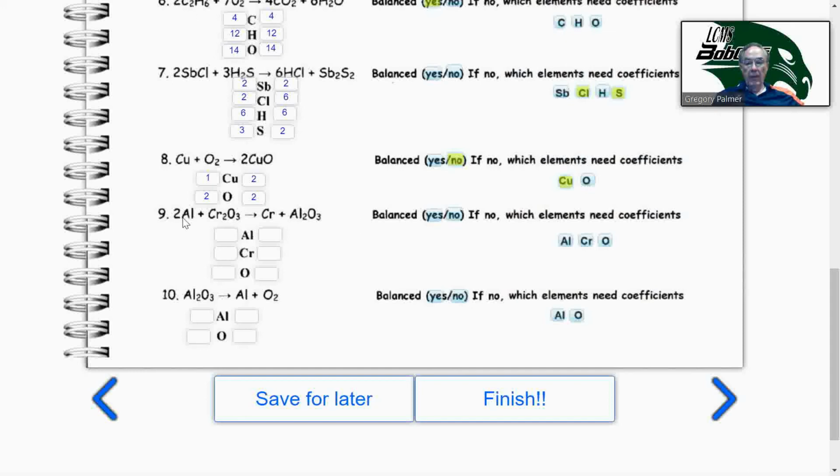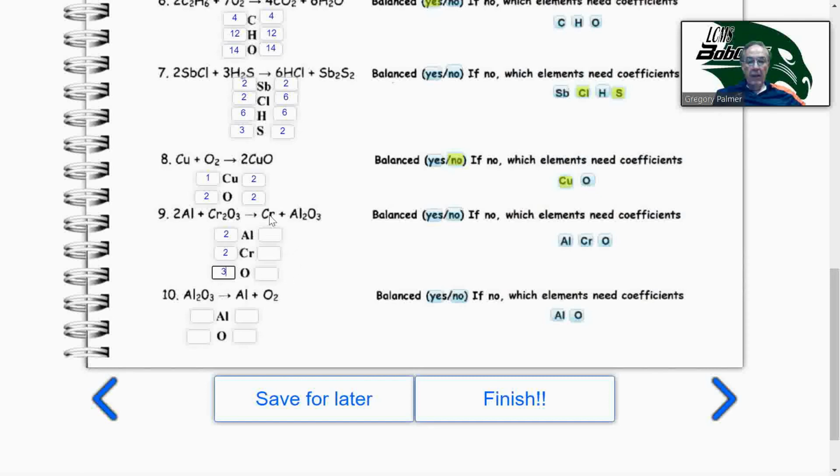We have this aluminum plus this chromium oxide is going to yield or produce this chrome plus this aluminum oxide. So we look over here. Remember, there's a 1 here. 2 times 1 is 2 aluminums. And then in this chromium oxide, we have 2 chromes, 3 oxygens.